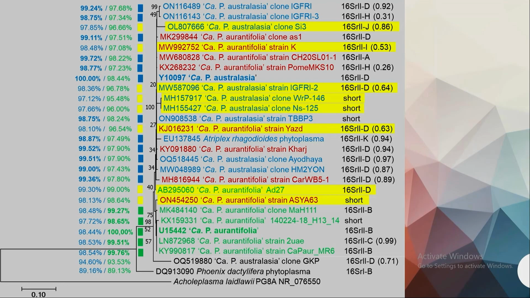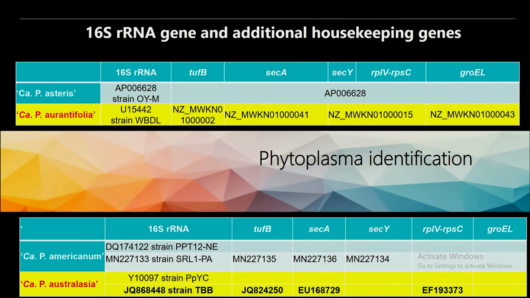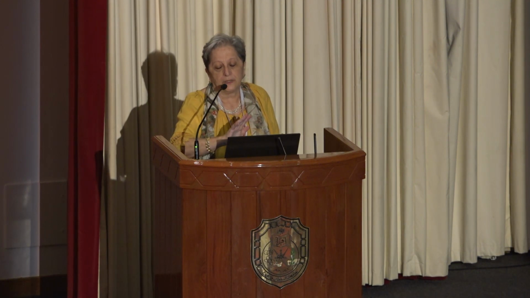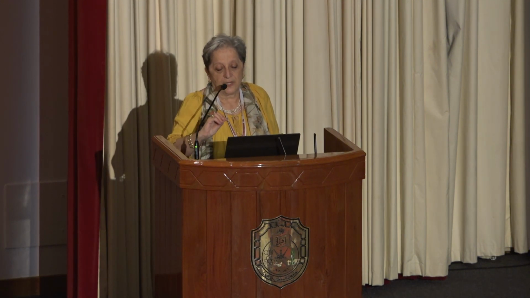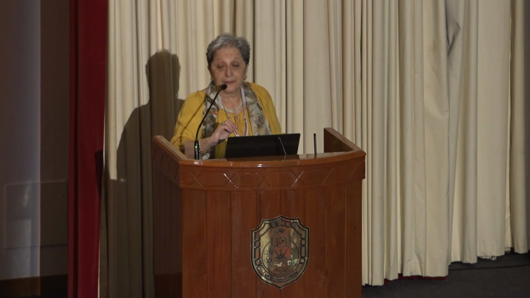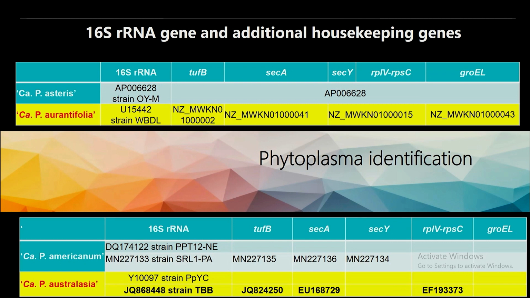This is just something to make you aware of this problem, but I don't want to leave you with the problem. So, following the paper I showed you, you can see that we are suggesting, when you have trouble in detecting or determining the Candidatus phytoplasma species, to add other genes, especially housekeeping genes. So here you see for the aurantifolia and the australasia, the ones we are suggesting, and the GenBank numbers are available.